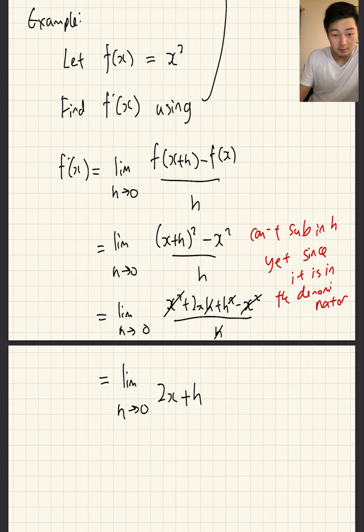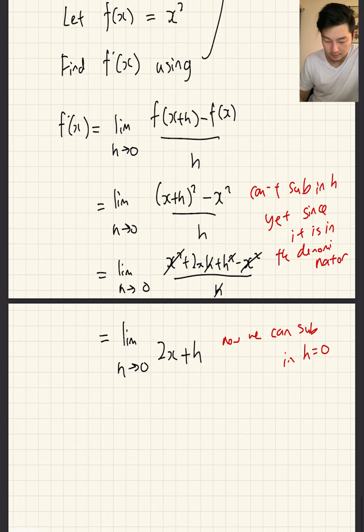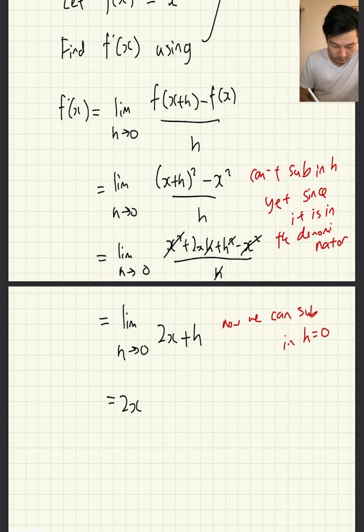And now we can sub in h equals 0. Once we've subbed it in, we don't have to write the limit at the front anymore. So that's just 2x. So we have f of x equal to x squared, and f dash of x is equal to 2x.